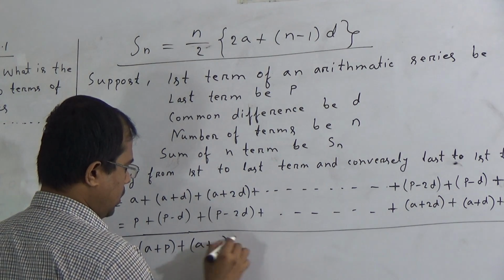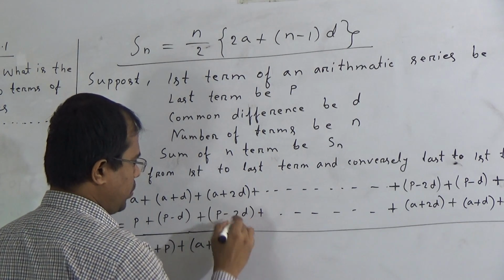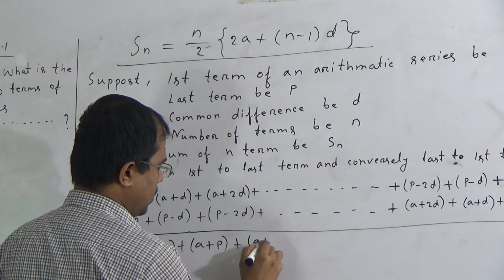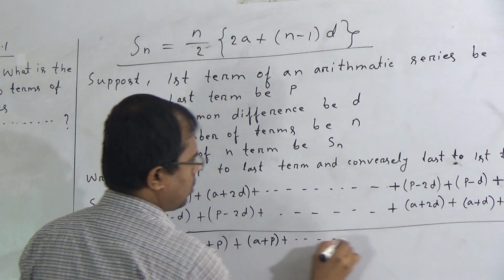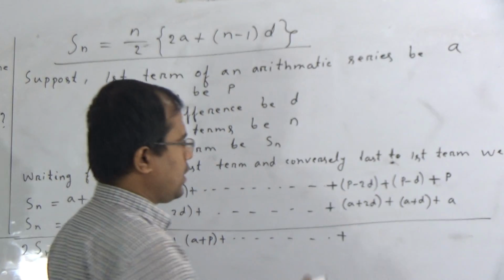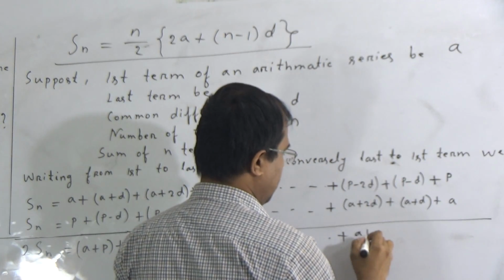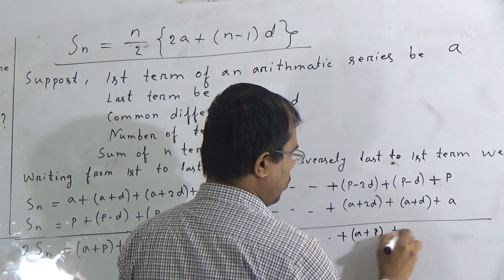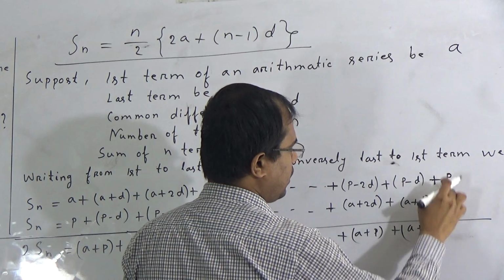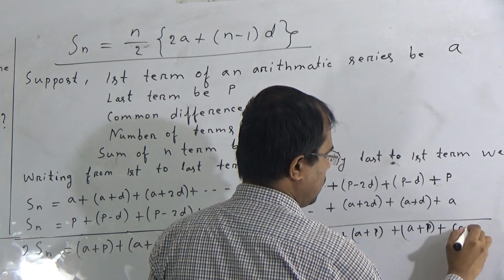Here also a plus p will come, plus 2d and minus 2d we can cut, then a plus p will come. Plus dot dot dot plus, here minus 2d and plus 2d will be cancelled, then a plus p will come. Here also we will get a plus p, and here a plus p also will come.